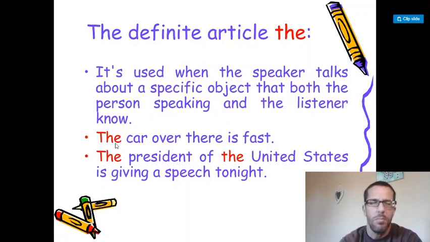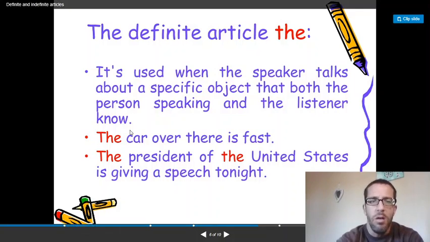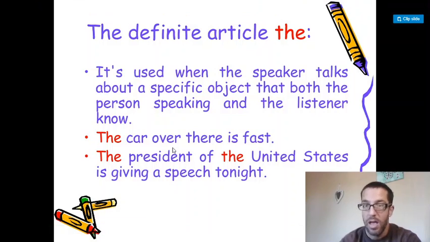My second example there, the president of the United States is giving a speech tonight. In that sentence, we use the because we're talking about a specific president. We're talking about the current president, not just any president of the United States.